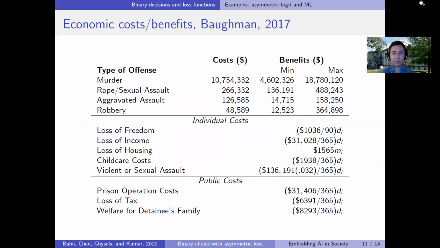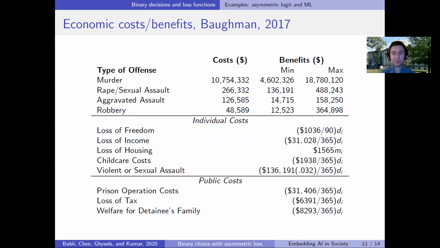And we also compile a table of economic costs and benefits of crime from a paper by Bauchman. So here we can see some examples. If a released individual commits a murder, then the costs for society are estimated over $10 million. If this is a minor offense like robbery, then we have costs of around $50,000.